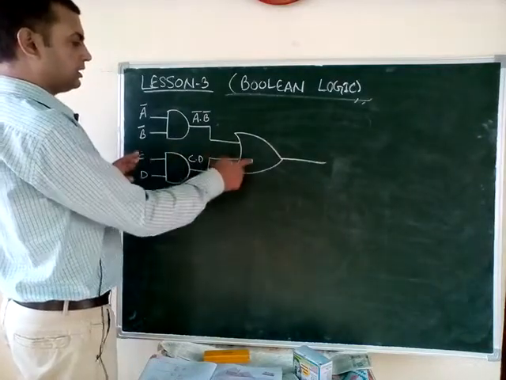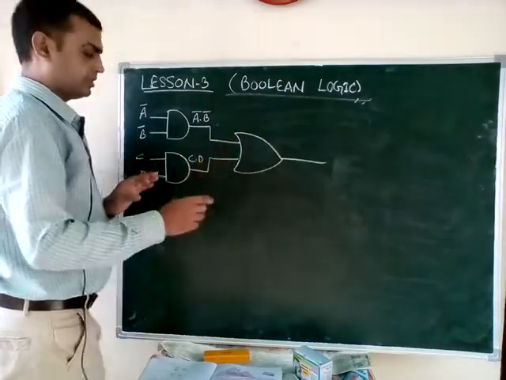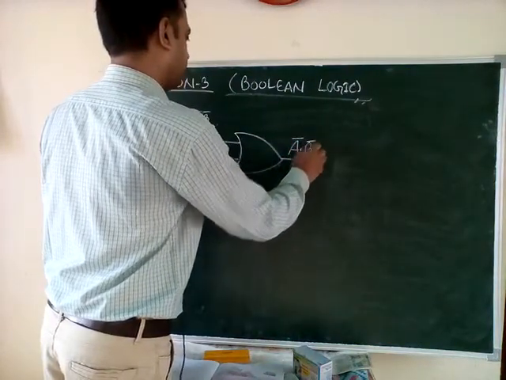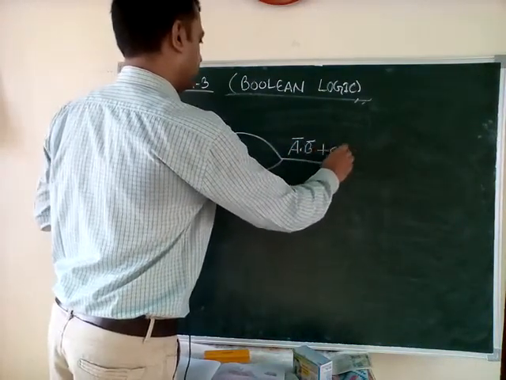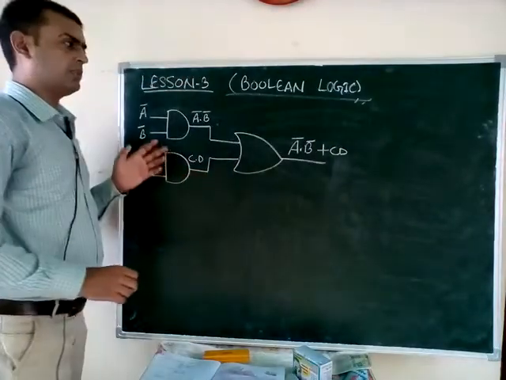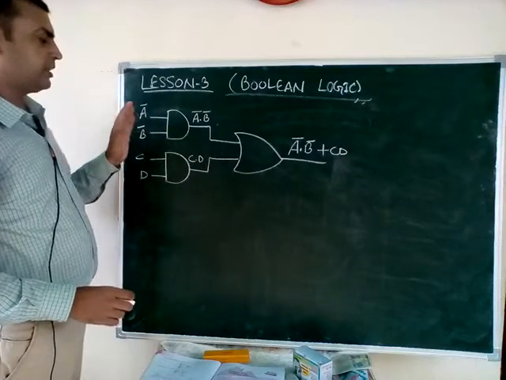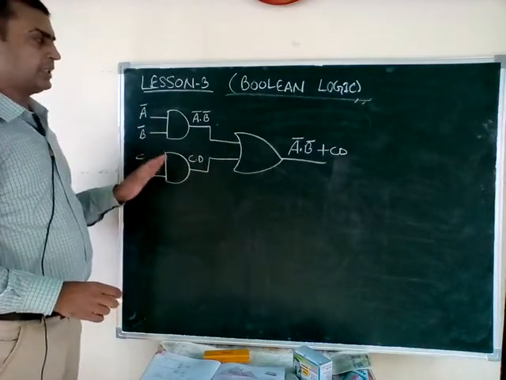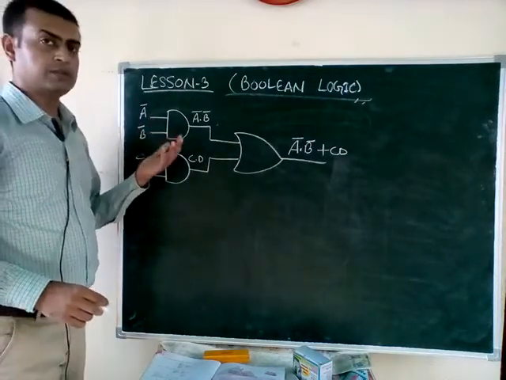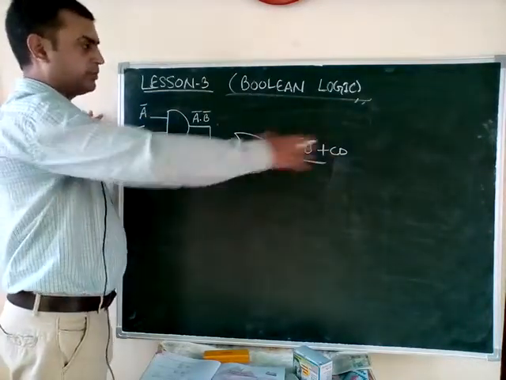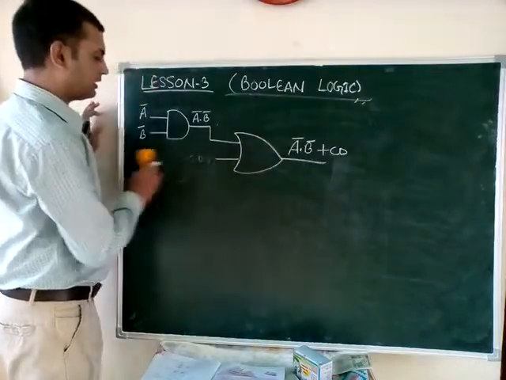This is AND, this is OR. This is used to add. So this will give you A bar B bar plus C D. This will be the answer of this question. So if any question comes to derive the equation of the given circuit, you have to start from the very left side of the circuit and move toward the other side, then you will get the answer.